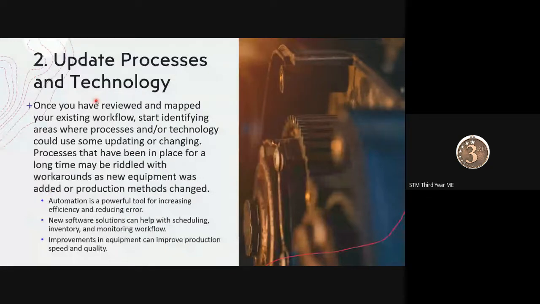And once implemented, we are updating the process in the sense we have to reduce delays or wastage of time, and we have to improve the value of the product. And these all are done keeping lean manufacturing in mind. So we are updating the process on the basis of the technology, and changing it on the basis of optimized production schedule. So that's what is coming under the process and technology.